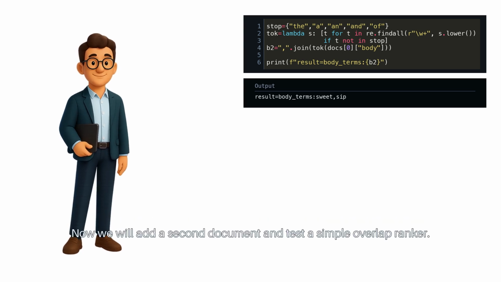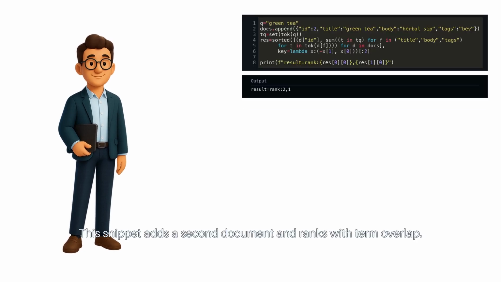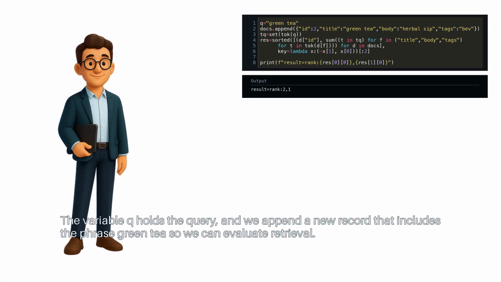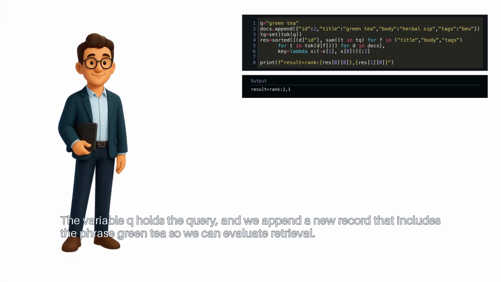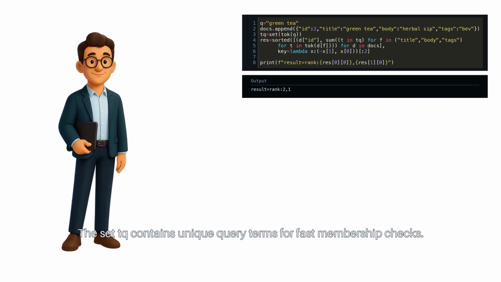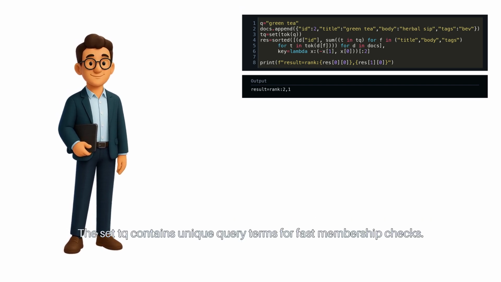Now we will add a second document and test a simple overlap ranker. This snippet adds a second document and ranks with term overlap. The variable q holds the query, and we append a new record that includes the phrase green tea so we can evaluate retrieval. The set TQ contains unique query terms for fast membership checks.